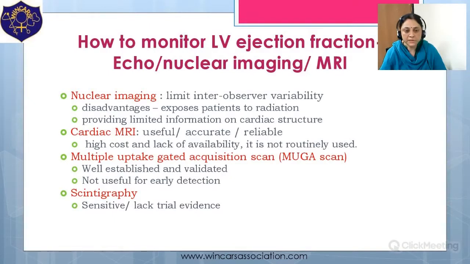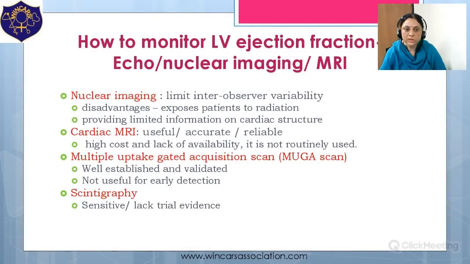But at present, the MUGA scan has been completely replaced by echocardiography. The role of scintigraphy, though it is sensitive for detection of cardiotoxicity: no trial has given any evidence regarding its use.